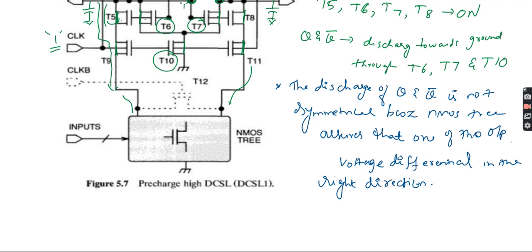So now here we can say once the inverter switches, we have two coupled inverters, right? So once the inverter switches, it's not symmetrical because the NMOS tree assures that one output, say the Q, has a stronger path to ground actually.